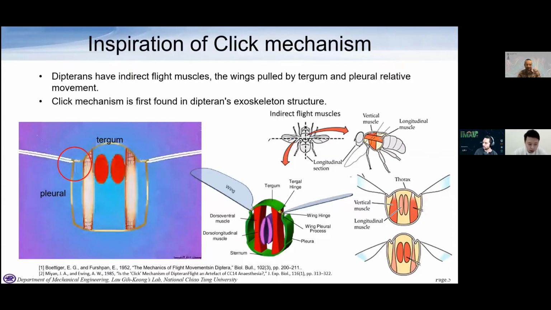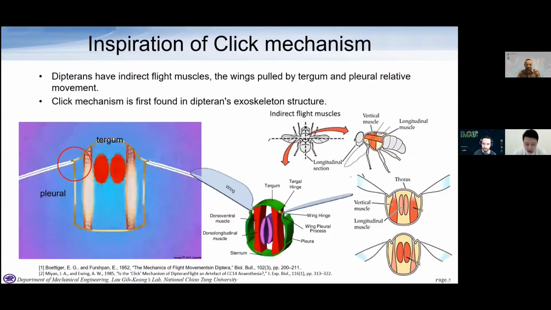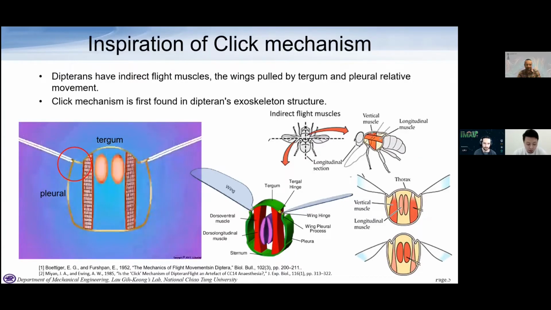When you press the lid, the spoon will rise. And in this case, the tergum, the dorsal side of the thorax, is like the lid, and the pleural, the ventral side of the thorax, is like the pot wall. The deformation and relative displacement of the tergum and pleural pull the wings to flap.